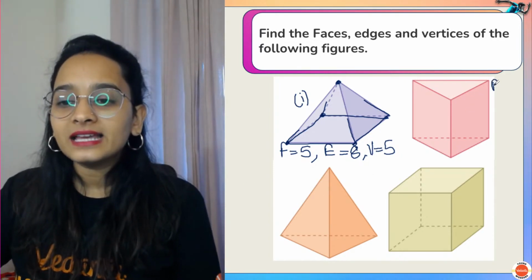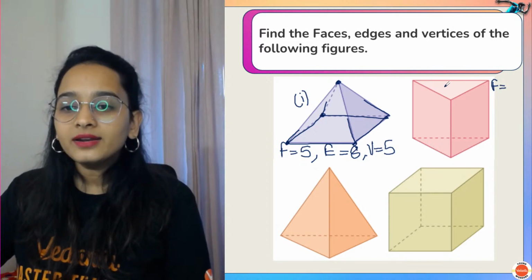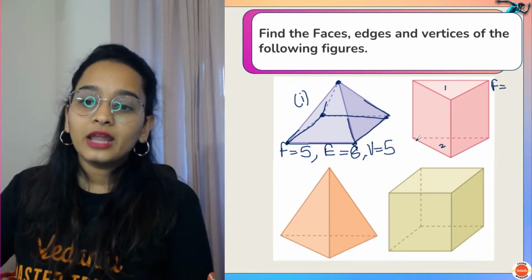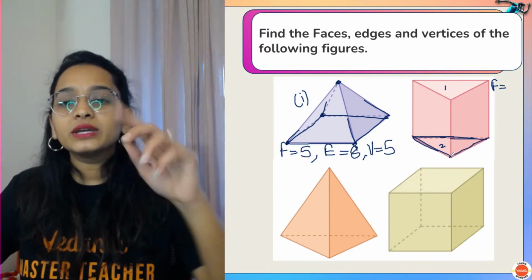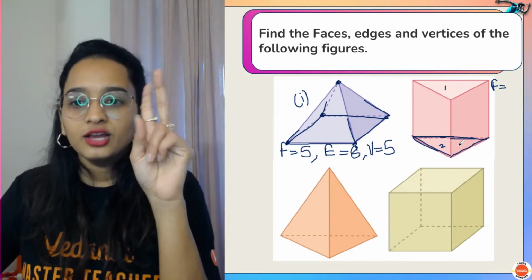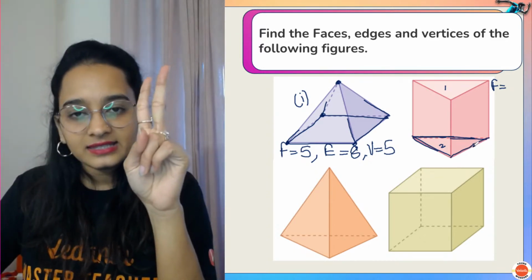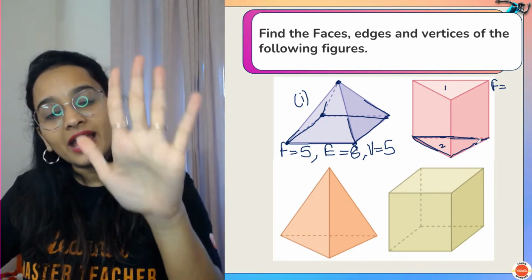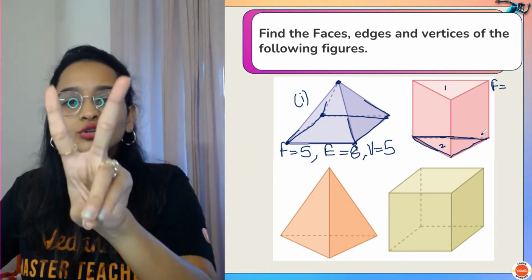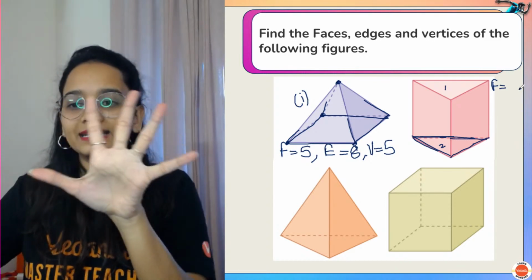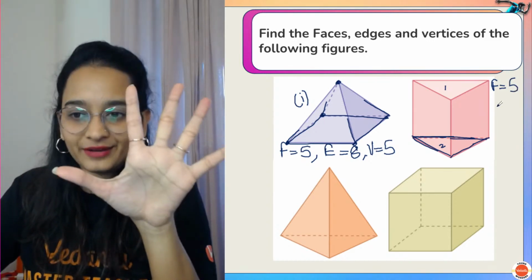Now the next one. How many faces does this one have? 1, 2. Now every side of the triangle, you can see one rectangle coming up. So two triangular faces, and from every side of the triangle there are rectangles. There are three sides of a triangle. So two triangular bases and three rectangles, totally 5 faces.